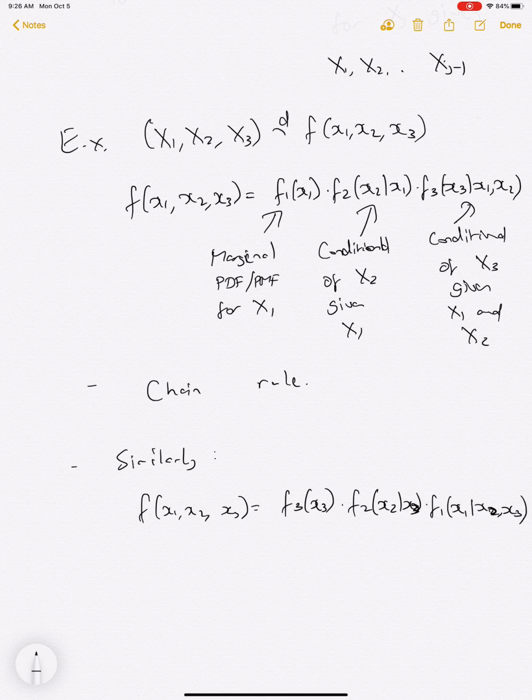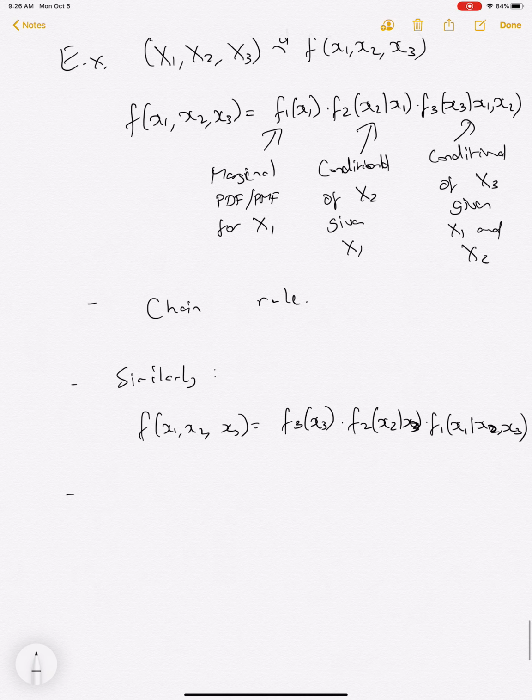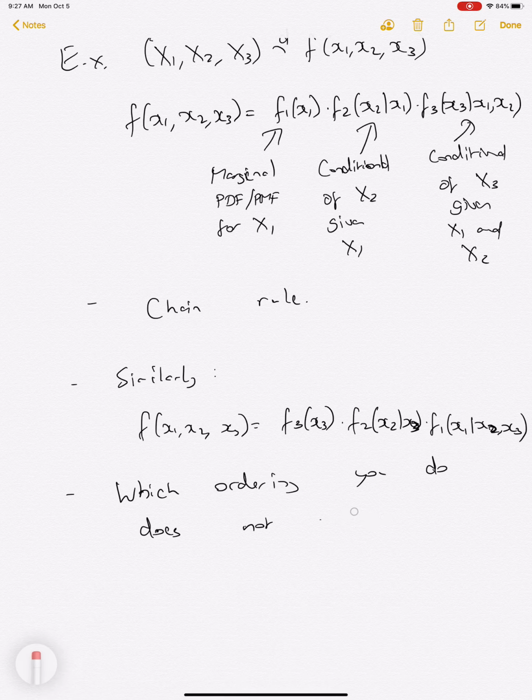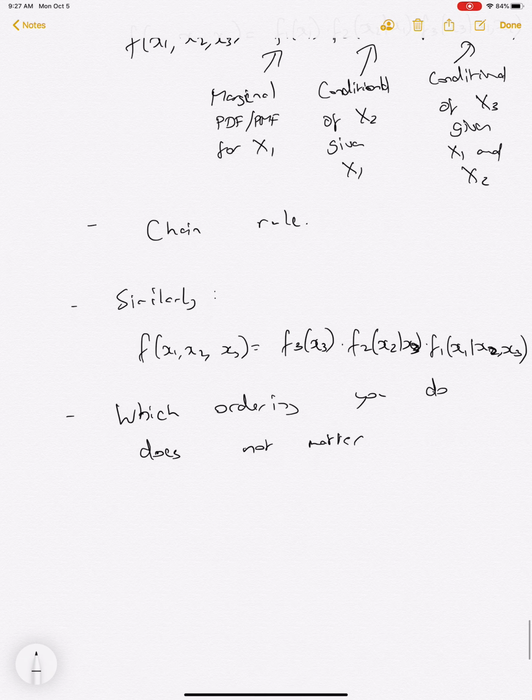So the idea is, which ordering you use does not matter. And if this is confusing to you, you should go back to the bivariate case.